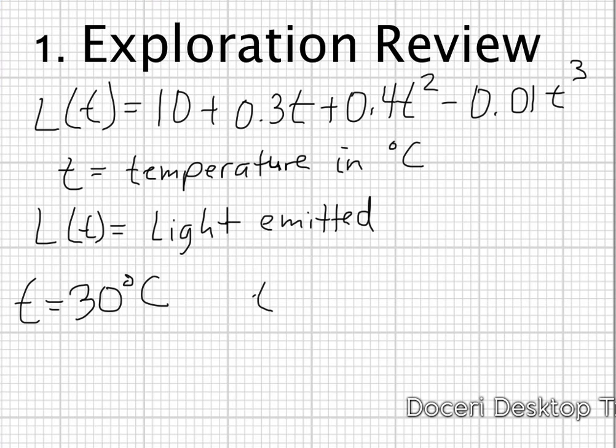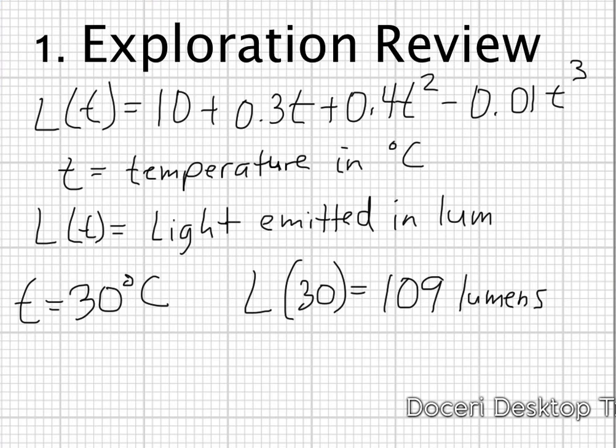By doing so, you would see that L of 30 degrees is going to actually be 109 lumens. And lumens is how we measure light. If you look on the packaging of a light bulb, it'll tell you how many lumens the light emits. Okay, so that was the first problem we looked at.